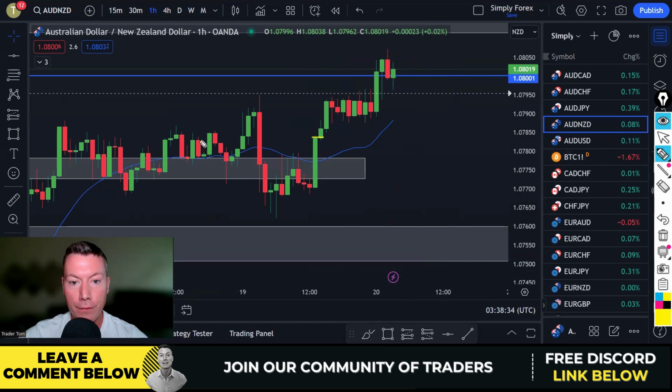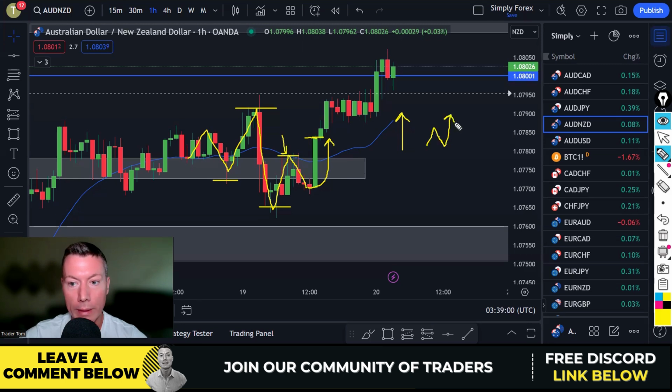If we follow the H1 structure, we were in a downtrend, getting lower highs and lower lows. As soon as we saw this candle here, it ticked all of the boxes. We were with an H1 uptrend. We broke a high, which is also what we need.